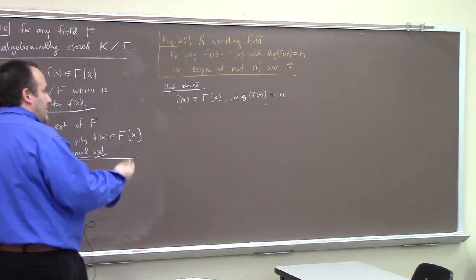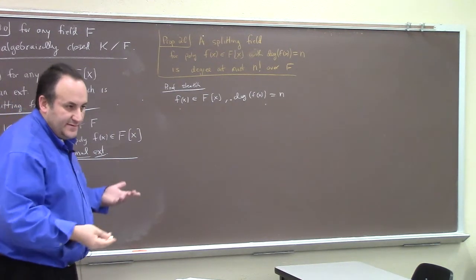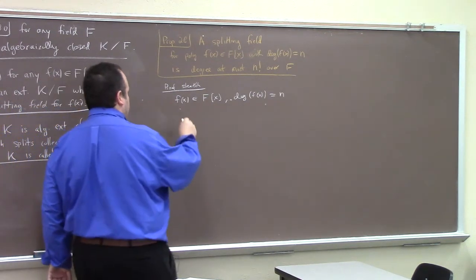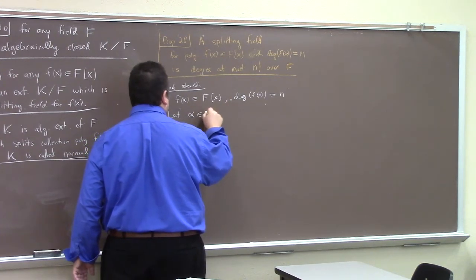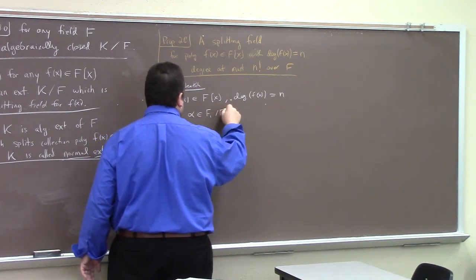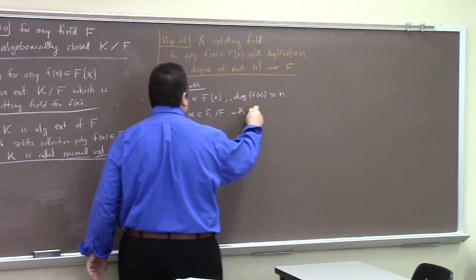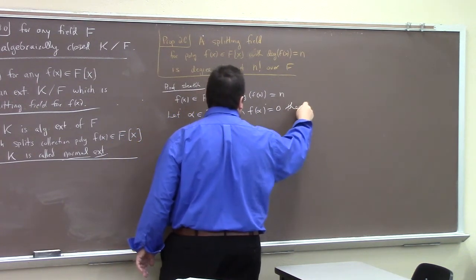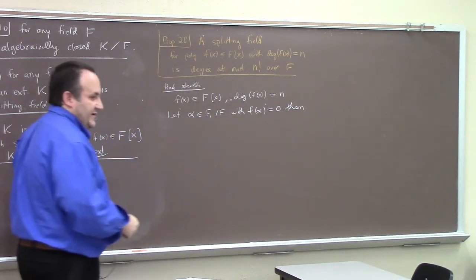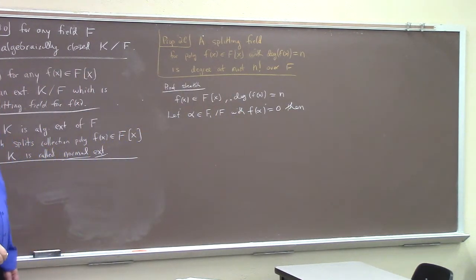And suppose you adjoin a root to f, alpha in F1 over F with f of alpha equals 0. We know we can do that by the theorems of the previous sections. You can always find an extension in which we have a root.